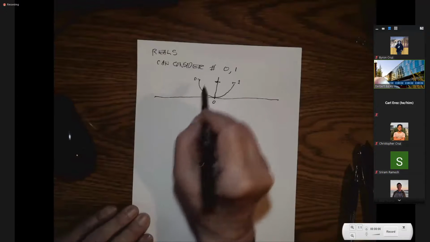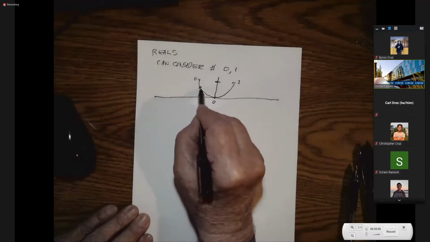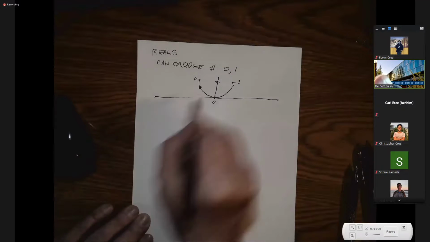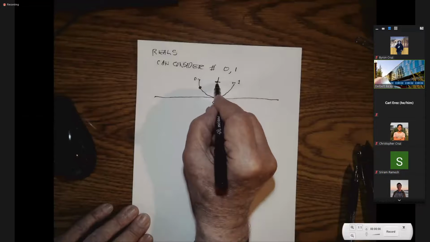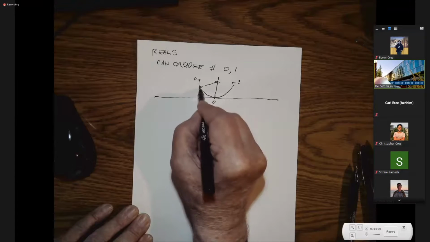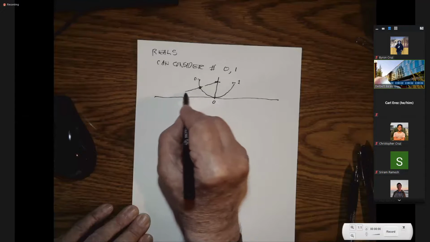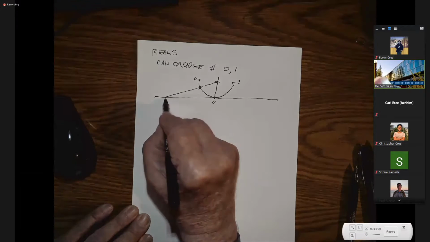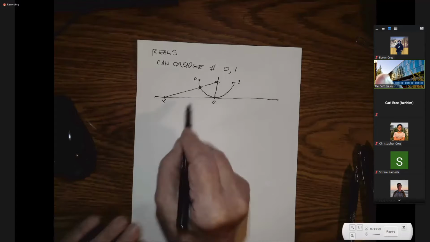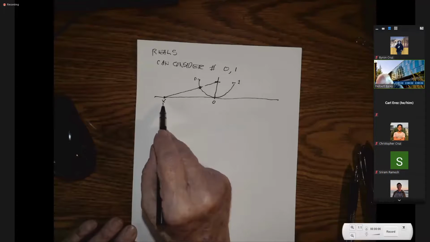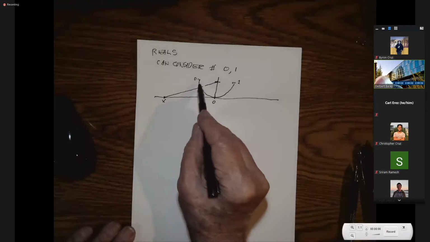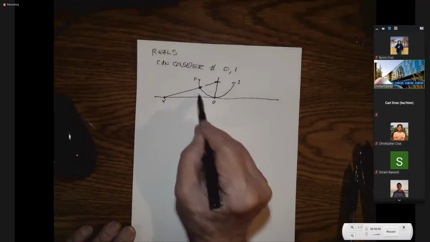Okay, well, we get that by this point corresponds to what point on the real line? Well, we find that out by going here to the center of the circle and drawing a line through this point. And where it hits here is the corresponding real number.